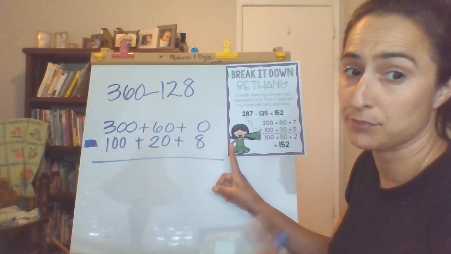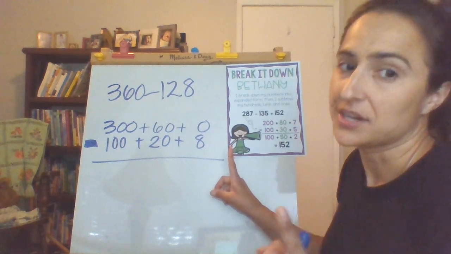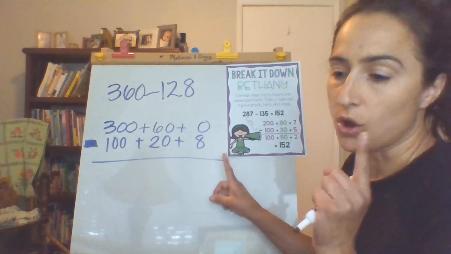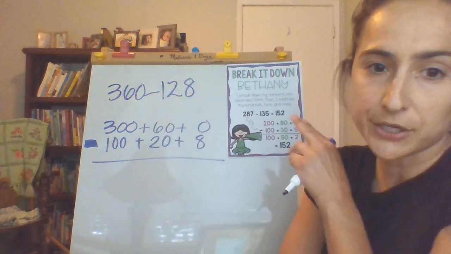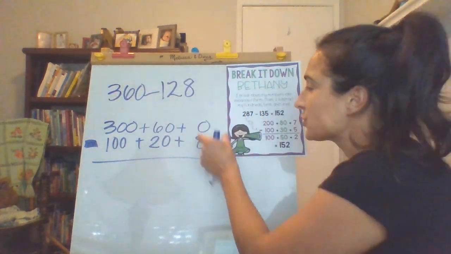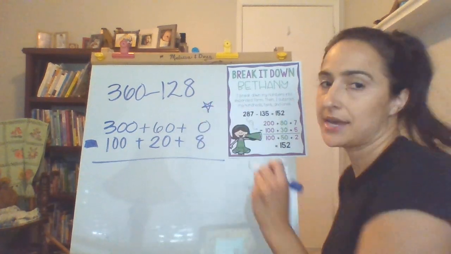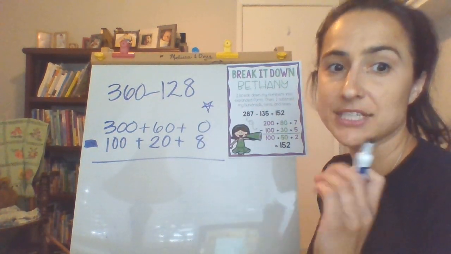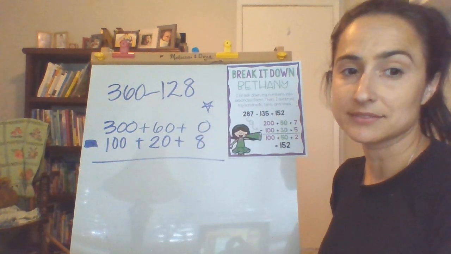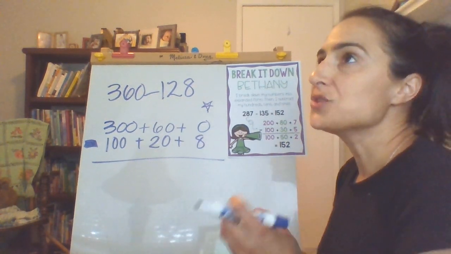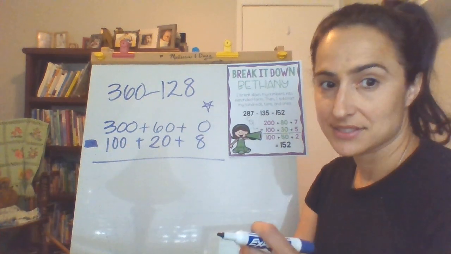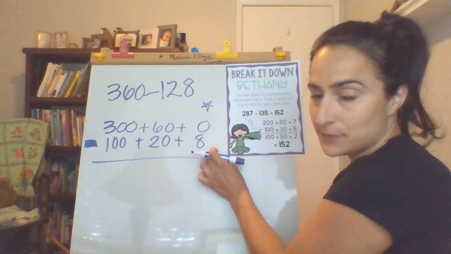Because if you have a problem like this, you're going to need to. I apologize for not saying that earlier. So on any of them that you're using Break It Down Bethany, start here at the right. Press pause right now and tell yourself start at the right. Okay, good.